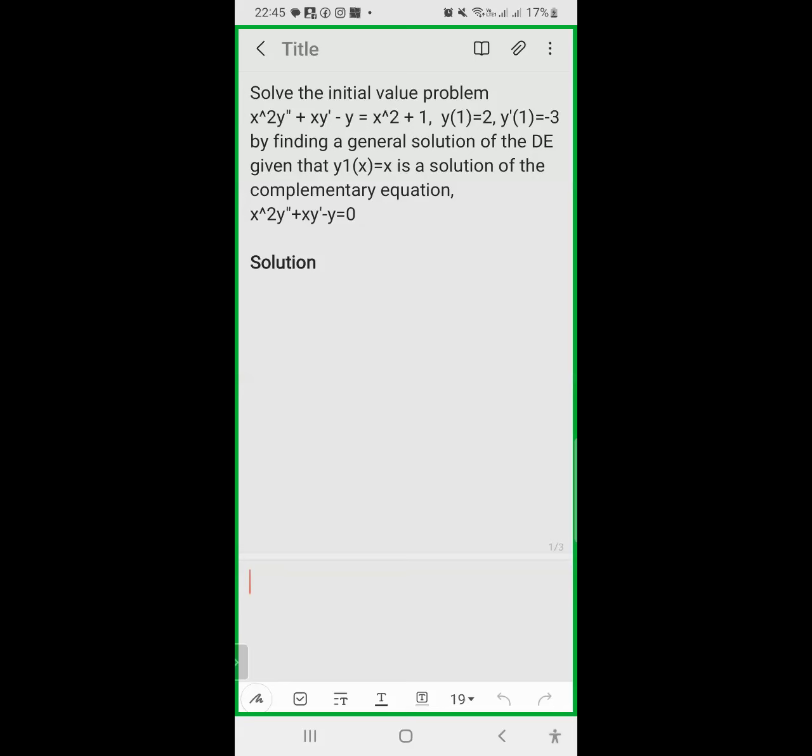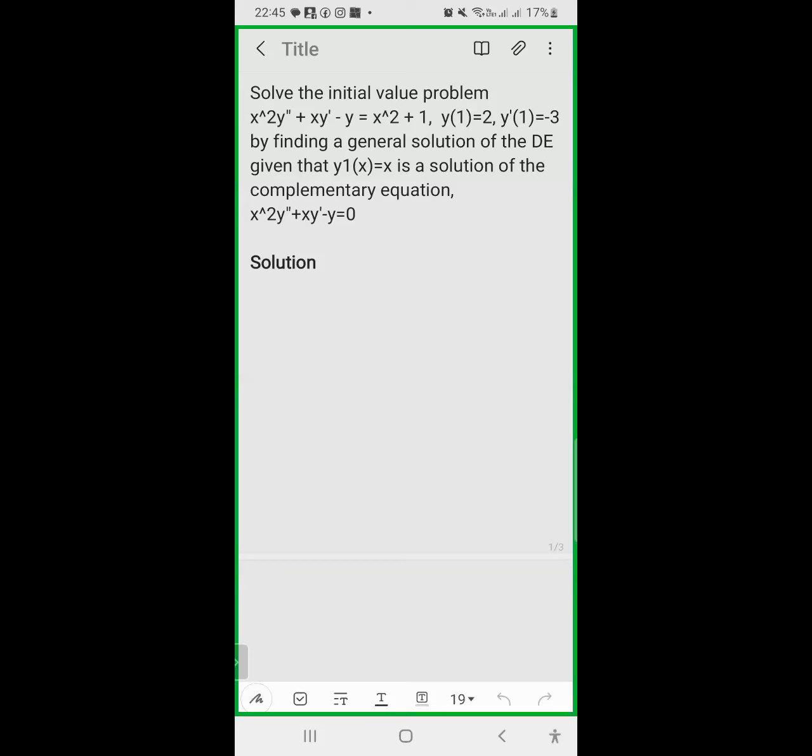We are going to use the method of reduction of order to find the general solution to this differential equation, and then from there continue and solve the corresponding initial value problem.